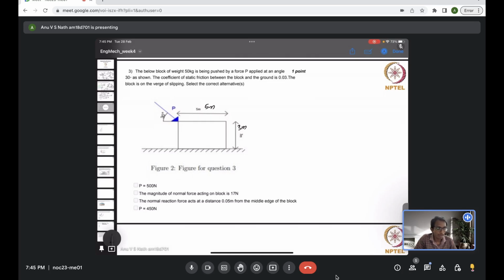So we have to verify. Assume there is an offset of the normal reaction, and then check whether the offset is indeed 0.05 or actually 0. If it is 0, then we can say the normal reaction is passing through the centroid. That's how you should do this problem.